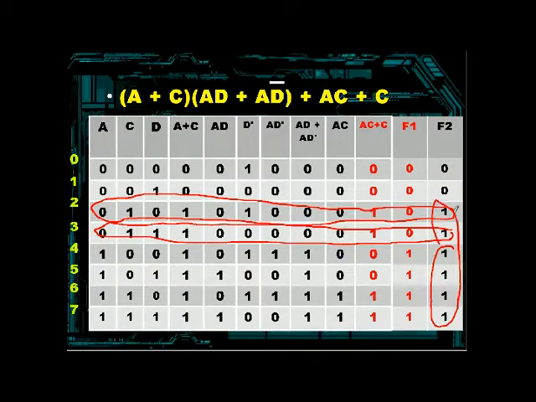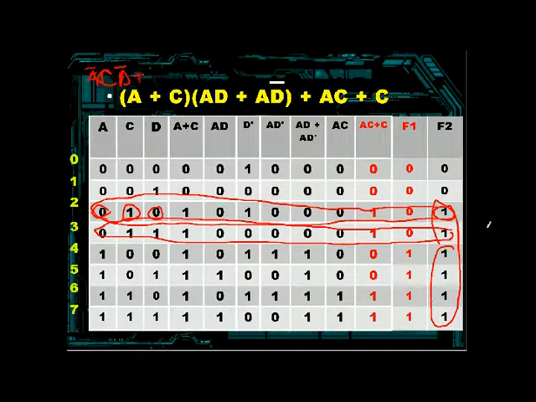How's that? What does this one represent? I look here. A not, C, and D not. A not, C, D not. So I'll have it as A not, C and D not.